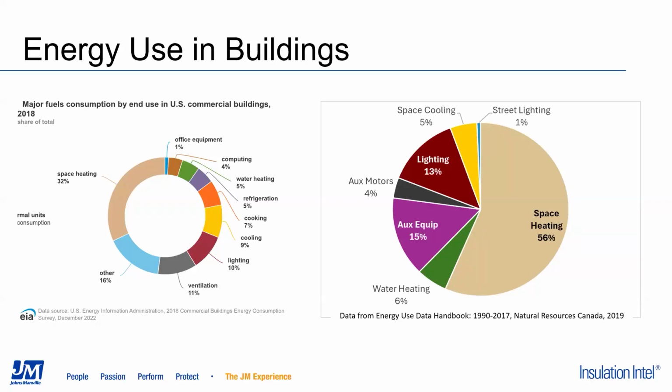Things like auxiliary equipment for Canada would equate to some of the different wedges that we see on the US slide. So in terms of the big things that we could go after for saving energy, clearly space heating, lighting, and ventilation.